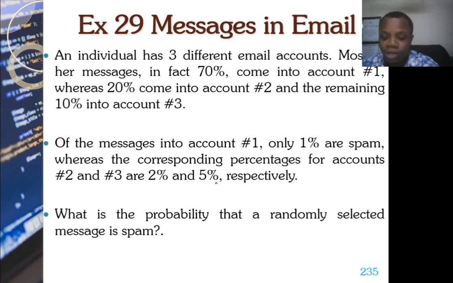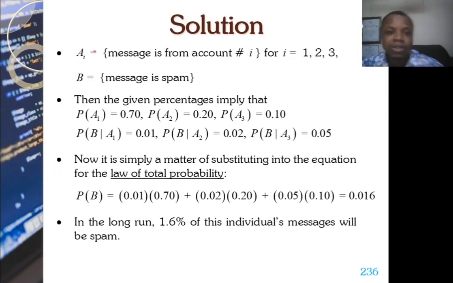Before we get to do that, let's denote some notations here. Suppose that Ai represents the message that is from account number i. Remember, we are dealing with 3 accounts, that is account 1, 2, and 3. And let B be an event such that a message coming into a certain account is spam.